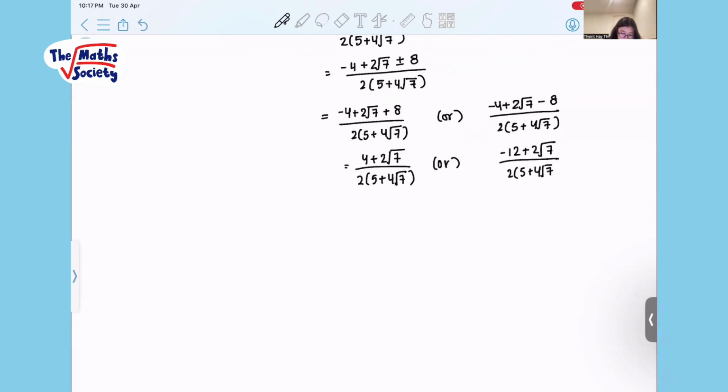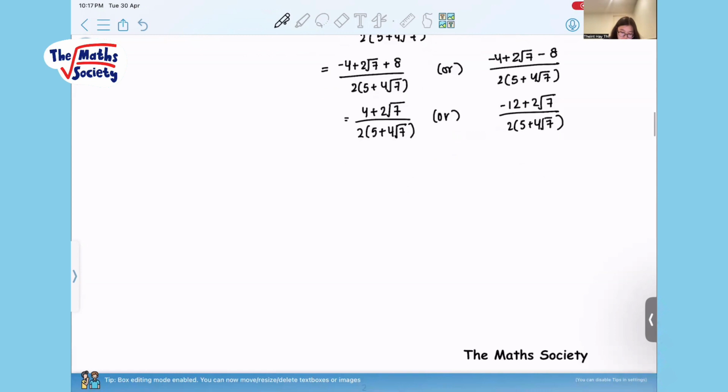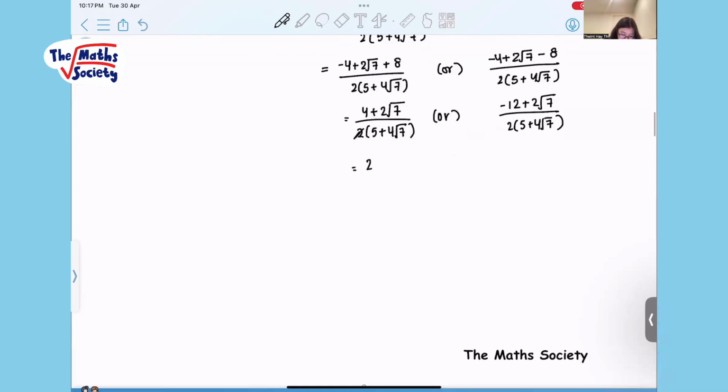So in here, we know we can divide by 2 for both. So it'll be 2 times 2 plus root 7 divided by 5 plus 4 root 7, or minus 12 plus 2 root 7, divided by 2, which will be minus 6 plus root 7 divided by 5 plus 4 root 7.